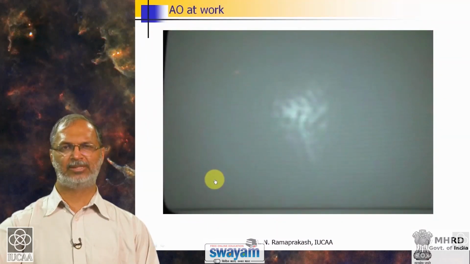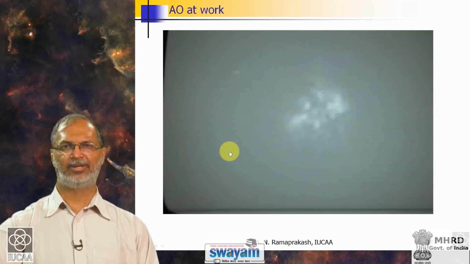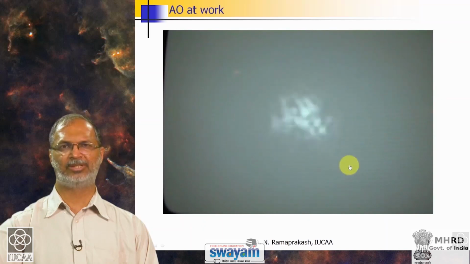Now, let us see what an adaptive optic system does for an astronomer in reality. So, this, as you can see, is the image of a star formed by a telescope when the light passes through the atmosphere. You can see the image is split up into many tiny blobs of light spread over a large area, and if you take a number of images, you can see that they are all continuously changing.